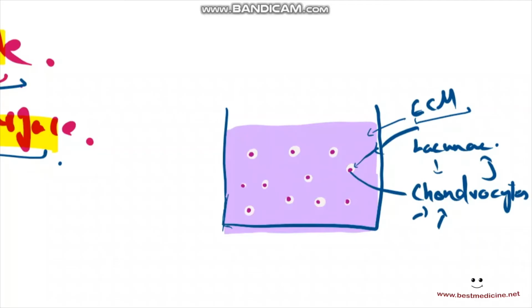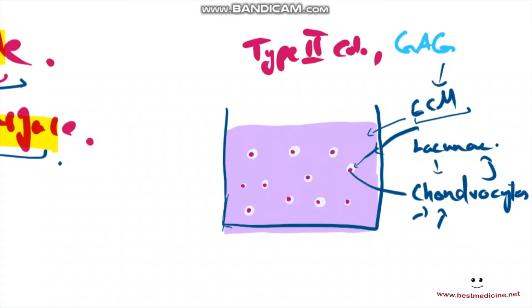All of those lacunae are surrounded by an extracellular matrix. Now this extracellular matrix is rich in type 2 collagen. I'm going to write this down, type 2 collagen. What else? GAGs, proteoglycans, and hyaluronic acid.